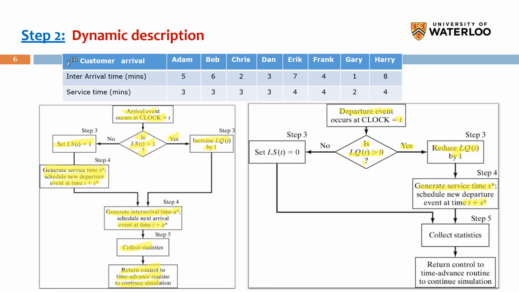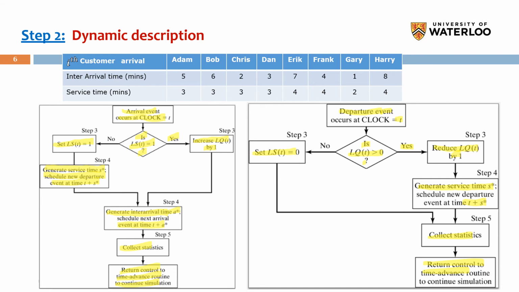If there is no one in line, then the server status turns to 0, meaning the server will be idle from time t. At the end, we collect the statistics and return control to the time advance routine to continue the simulation. This is how we formulate the impact of the occurrence of the events on the system.